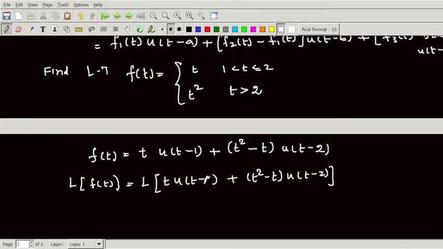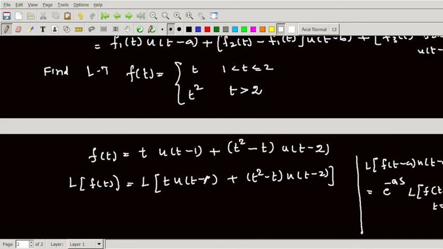So here, by using the terms, what we must do here, remember: Laplace of f of t minus a into u of t minus a, we can write it as e power minus as, and this one we must write as Laplace of f of t plus a, so that this becomes t. We can apply the Laplace.